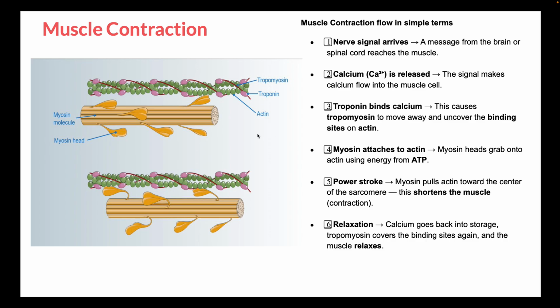So this is how contraction occurs. Your brain sends a nerve signal. The message comes from the brain, passes through the spinal cord, and travels through the neurons along the axon. Let's look at this.